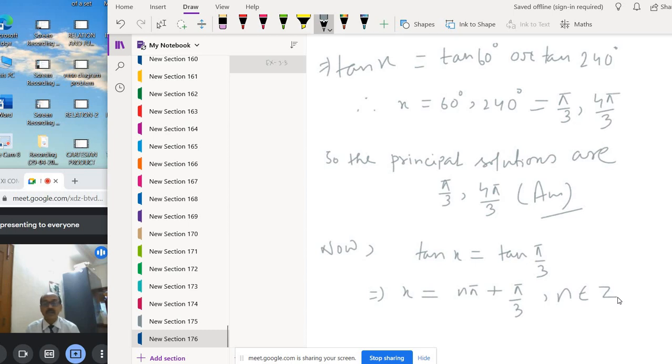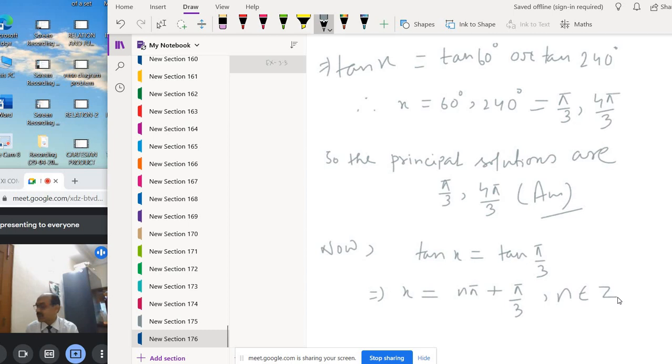Okay, this is very, very important. What is n? You have to write it always: n belongs to Z. So the question is tan x equal to root 3. Find the principal and general solution.